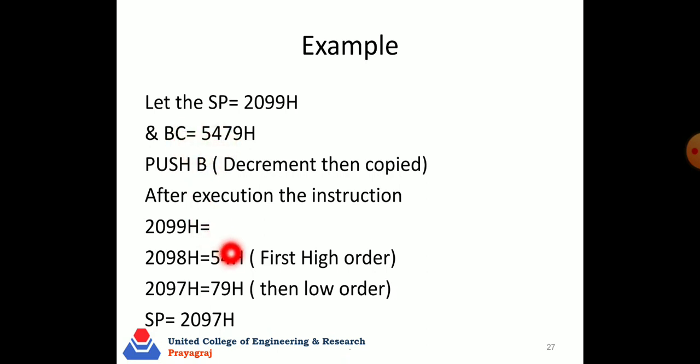The 54 is copied into the stack, then again it is decremented by 1, then the value of the low order register, that means 79, is copied to the stack, and the stack pointer now becomes 2097H. It's a very important instruction and very confusing.